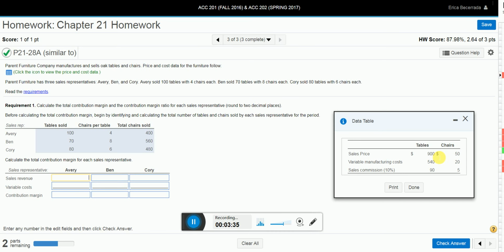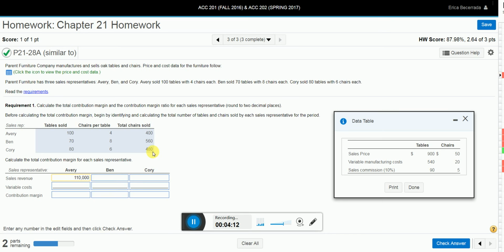We're going to add it to the total number for the chairs. So we know that Avery sold 400 chairs. We have to multiply that by the sales price of each chair, which is 50. So 400 times 50 is 20,000. So we're going to add the 90,000 from the tables to the 20,000 from the chairs. And we get total sales revenue of $110,000 for Avery.